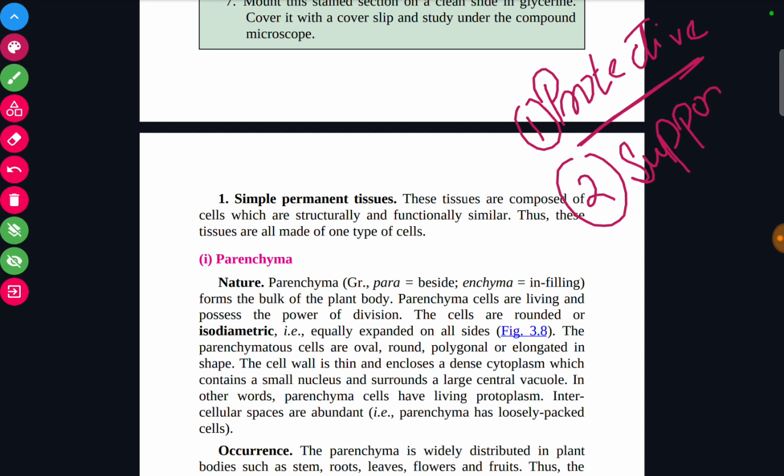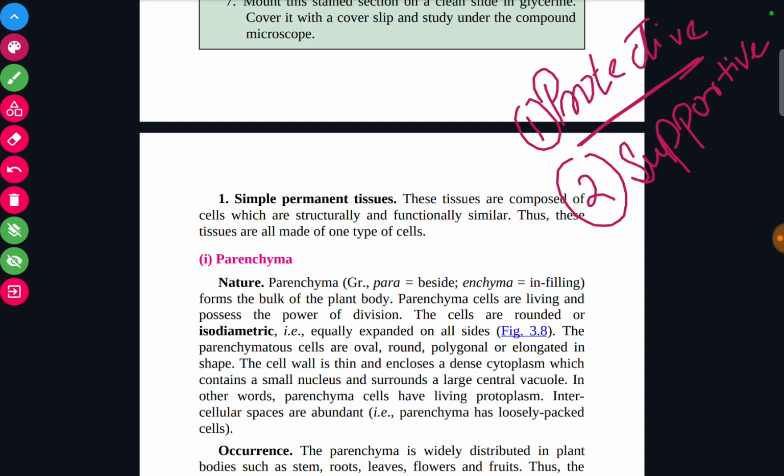Under this supportive tissue, we get the divisions like the parenchyma, the collenchyma, and the sclerenchyma. In some books, like the one we are seeing here, the protective tissue part is completely omitted, but there is a protective tissue also.